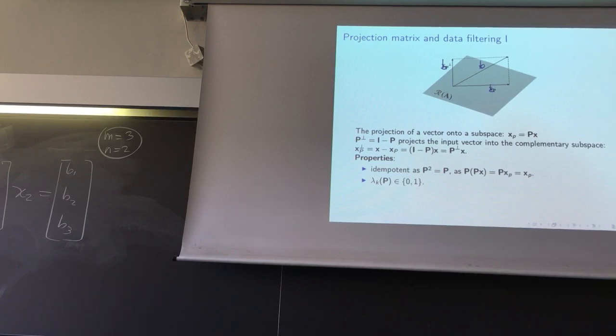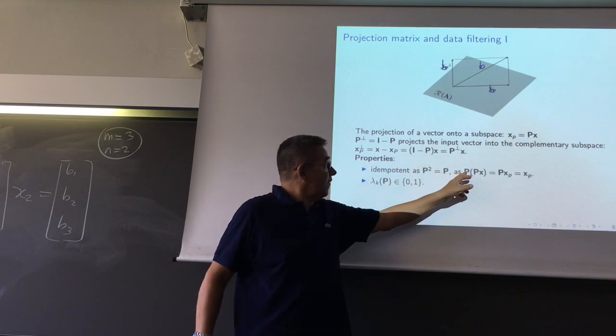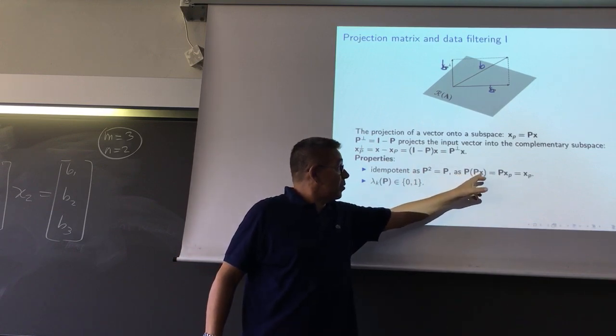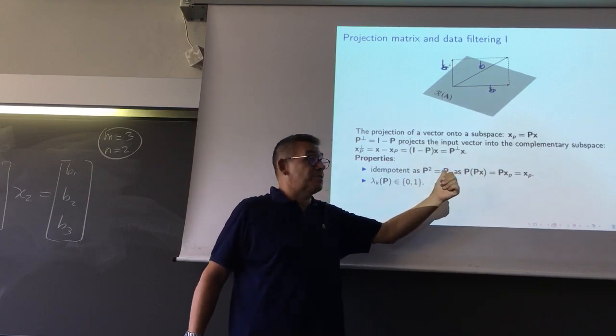Because if I project it twice, it's like if I take my signal, I filter, then pass, then I filter a second time, then pass. It's the same. The second filtering doesn't change. So you can similarly say that if I project something that I projected already, it is the same as the first one.